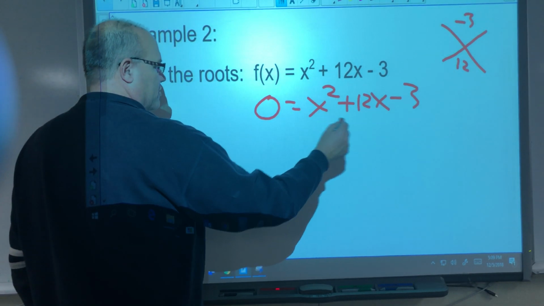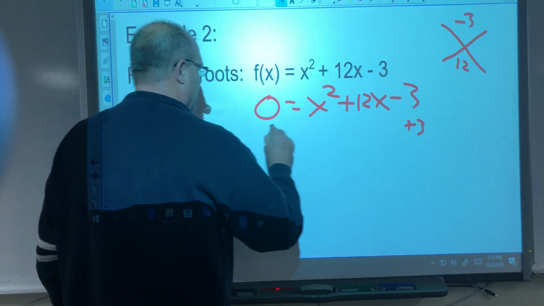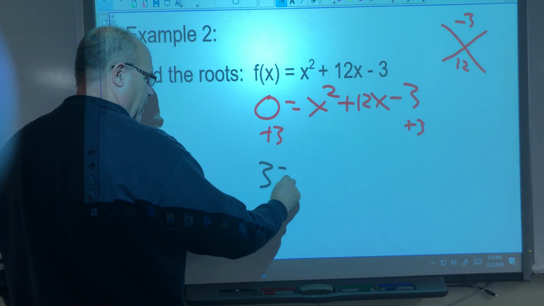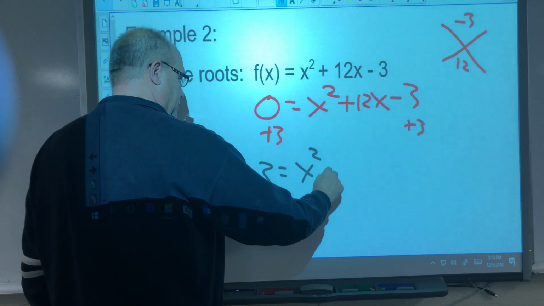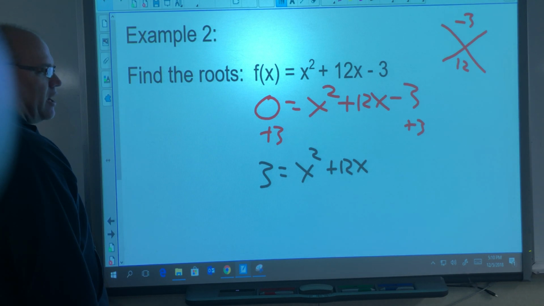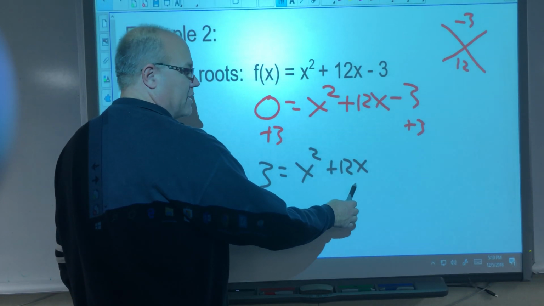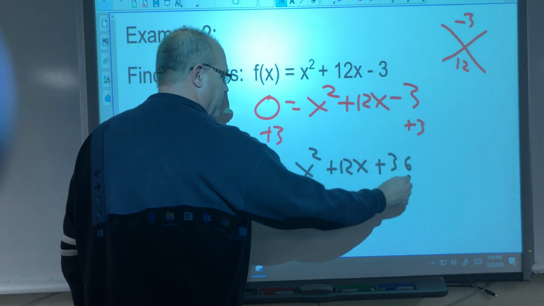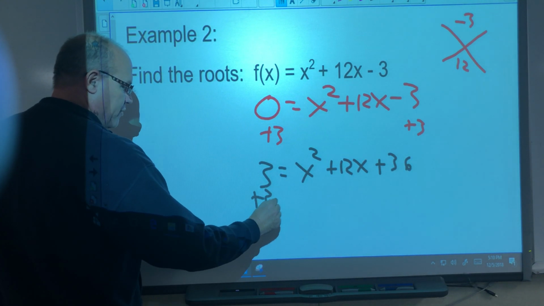We're going to add 3 to both sides, so I'm going to say plus 3 plus 3. And we get 3 equals x squared plus 12x. All right, let's complete the square. Half of 12 is 6. 6 squared is 36. So I'm going to say plus 36, and I'm going to add 36 over here as well.